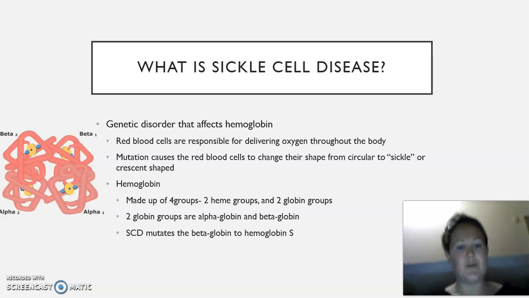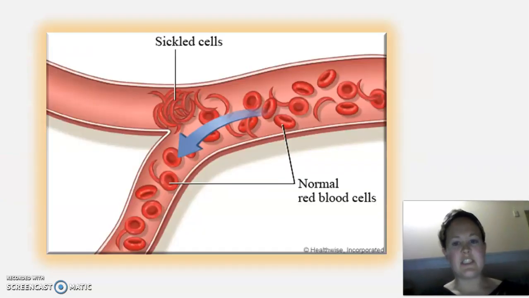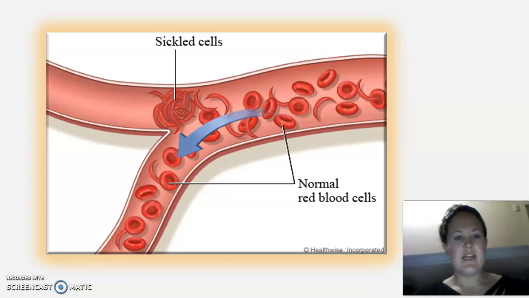Sickle cell disease mutates the beta globin into a hemoglobin S. So this is just a diagram to show you what happens within the blood vessels with those sickled cells. As you can see on the bottom, the normal red blood cells will flow nicely through the blood vessel, whereas the sickle cells kind of build up and cause blockage.